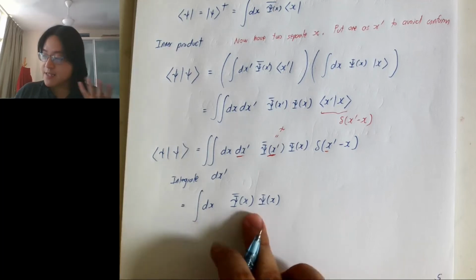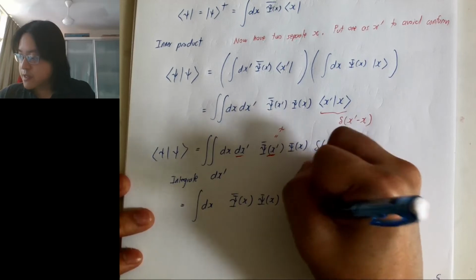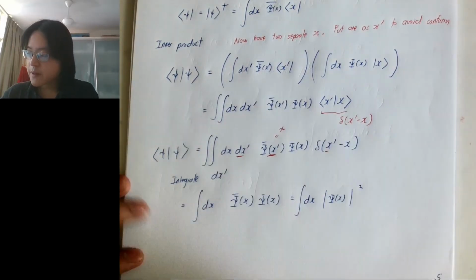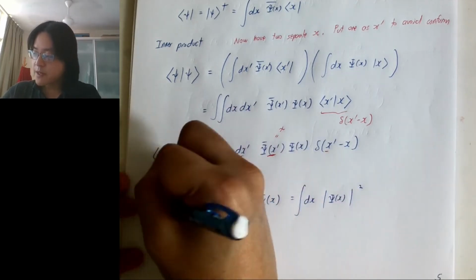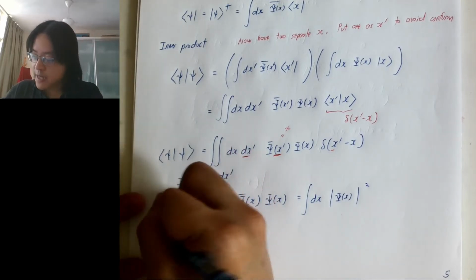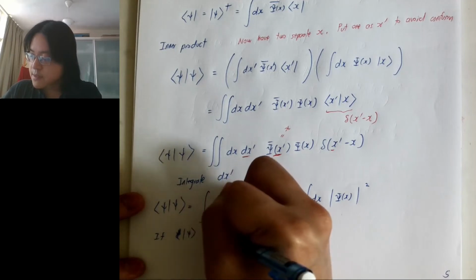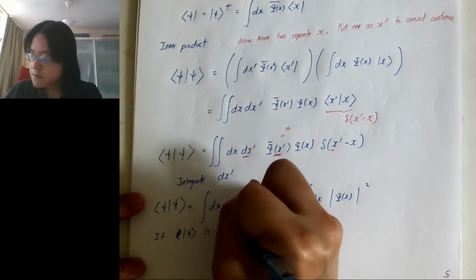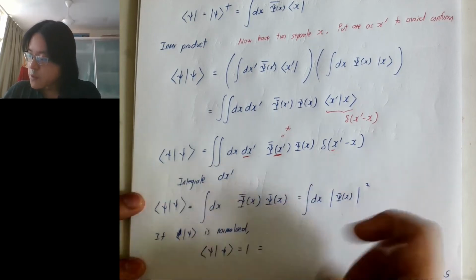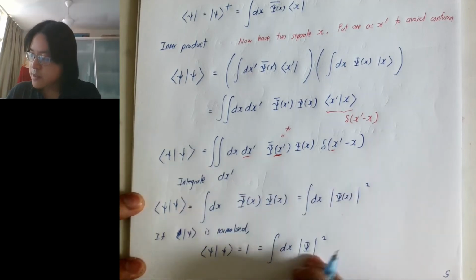Okay, and what is this? So it's the same function times the complex conjugate. So this is actually the absolute value square, and then this is psi. Okay, so if I want my state psi to be normalized, that means the integral of psi absolute value square dx must be equal to 1, which is to say that the wave function integrates to 1.